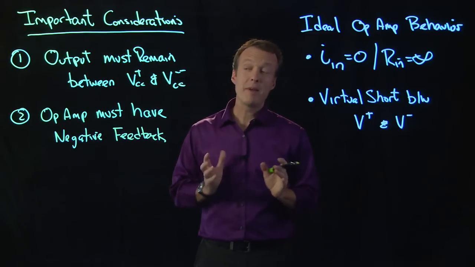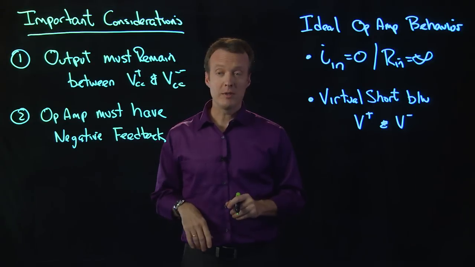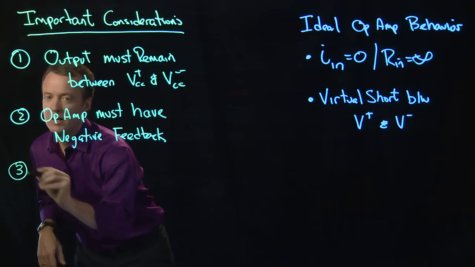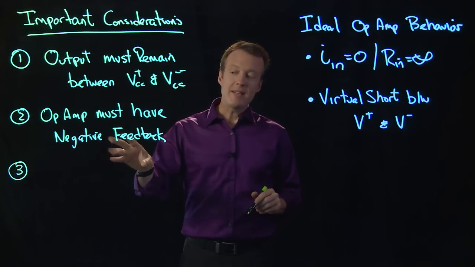So when building your op-amp circuits, make sure that you don't confuse the inverting and the non-inverting terminals of those devices. The third assumption that's important is that this negative feedback must always be present, even at DC.